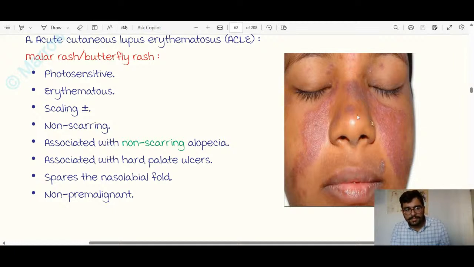Photosensitive, erythematous, scaling, non-scarring, associated with a non-scarring alopecia, associated with a hard palate ulcer, sparing the nasolabial fold, non-pregnant. Hence, it is very important to look for such a patient in whom the entire cheek, you can see, a malar type of rash will be formed.